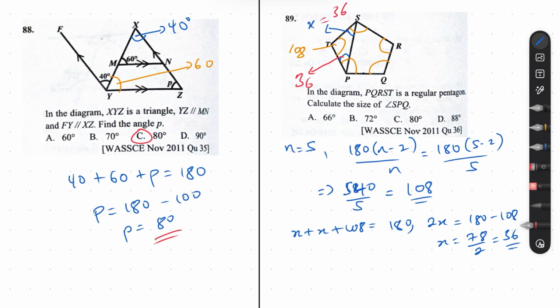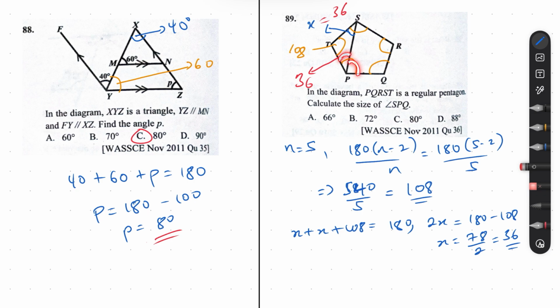36. Now, since we know this small angle, then we can find this angle. Okay? Because the total angle right here is 108. Okay? So to find this angle alone, we need to add this angle and then this angle together. Okay? But here is 36. So what will be here?